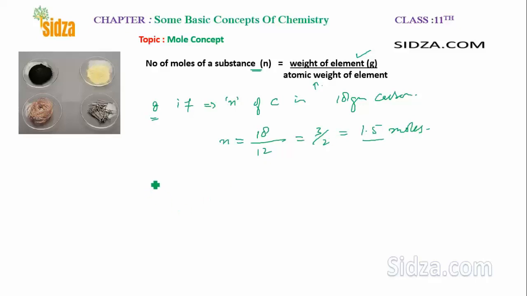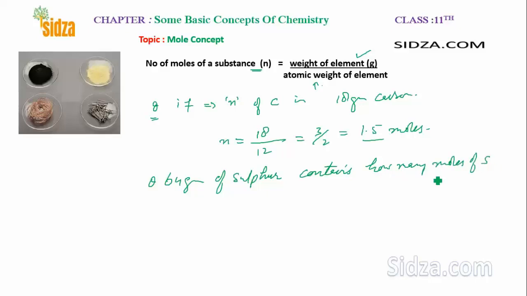Similarly, how many moles of sulfur are contained in 64 grams of sulfur? So for 64 grams, n will be the weight of the substance divided by the atomic weight.